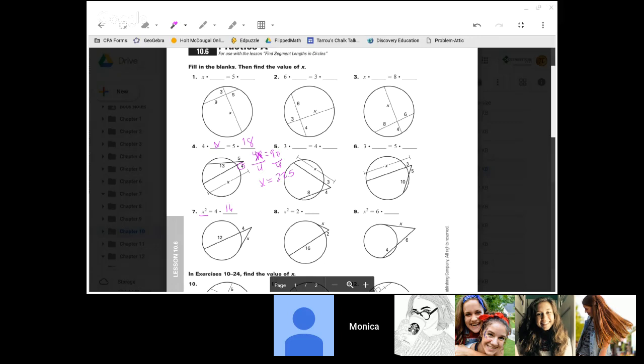So what's 4 times 16? So you'll have x squared equals 64. And then if we need to get x by itself, we're going to have to take the square root of both sides, right? There you go.